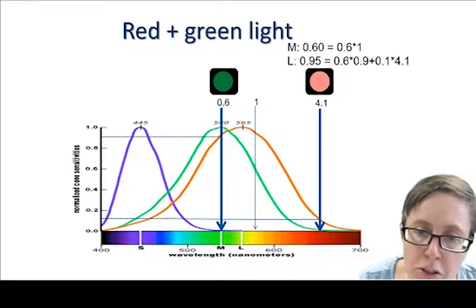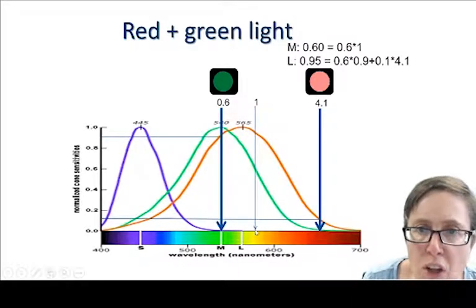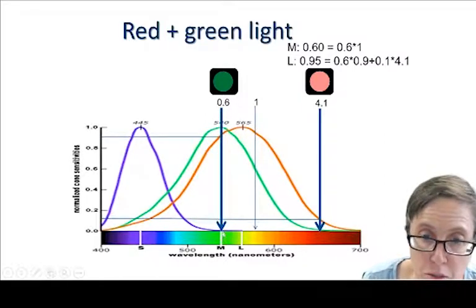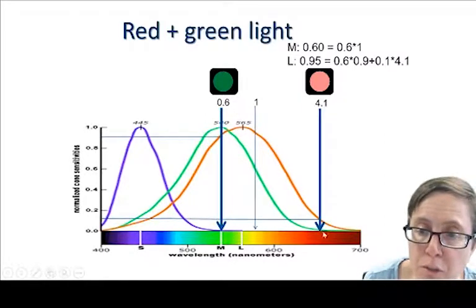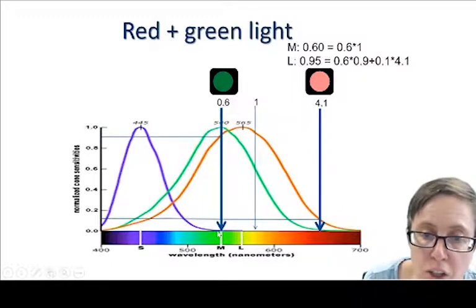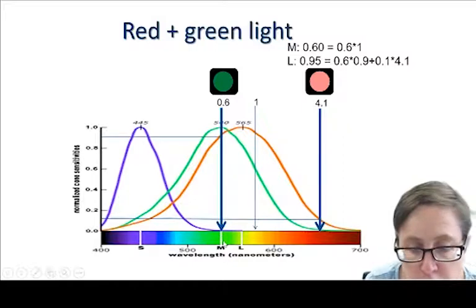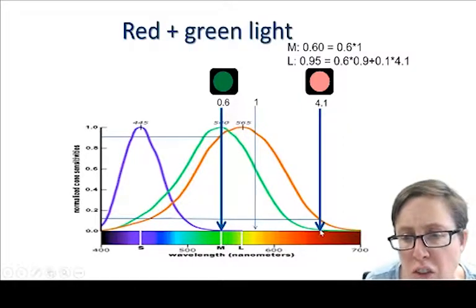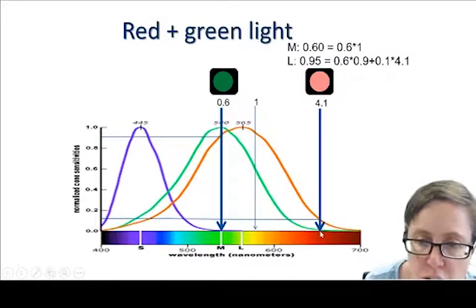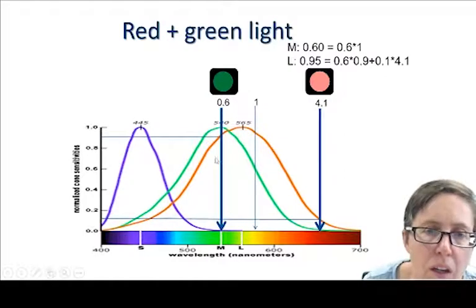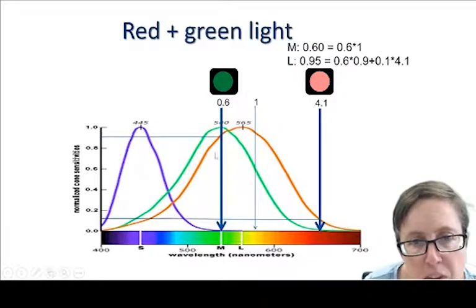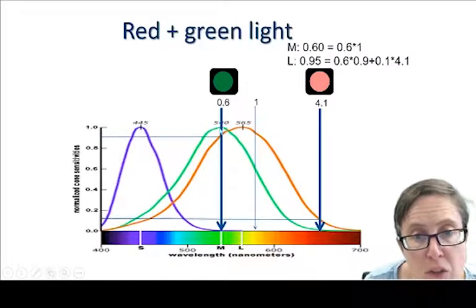Now let's consider a different situation. So now there's no yellow light at all. There's simply some monochromatic green light and also some monochromatic red light. So some light that's got a wavelength of 520, 530ish, and some that's got a wavelength of 660, let's say. Now this green light, I've positioned it so it's right at the peak of the M cone sensitivity.